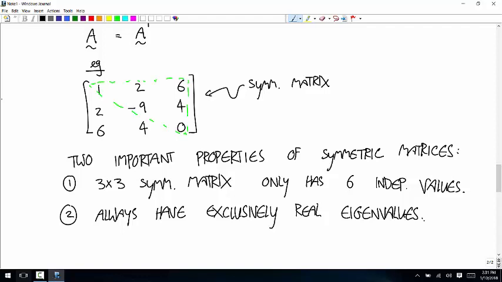The fact that those eigenvalues are real sort of comes about because there's a physical meaning to what those eigenvalues are, and we'll see that's the case in this class. In general, you can calculate eigenvalues of any 3x3 matrix or any square matrix, but in general they're going to be complex, but not if the matrix is symmetric.